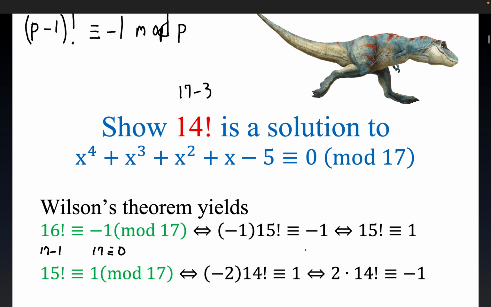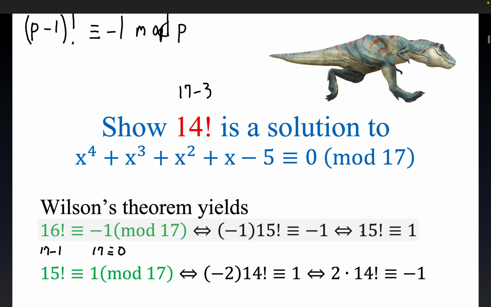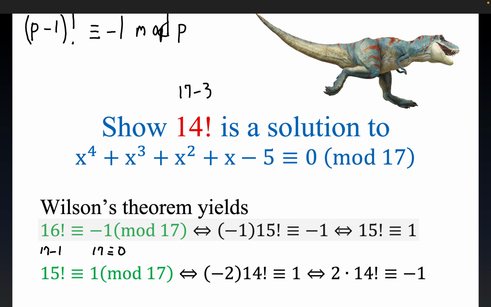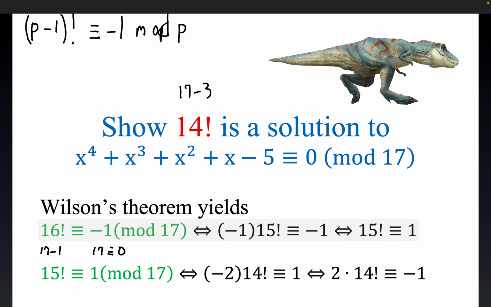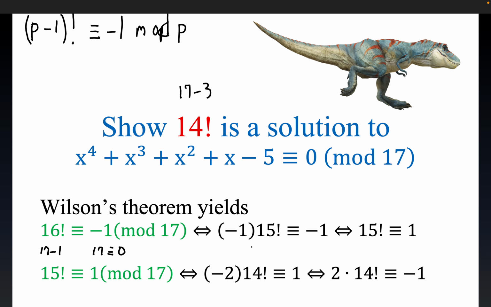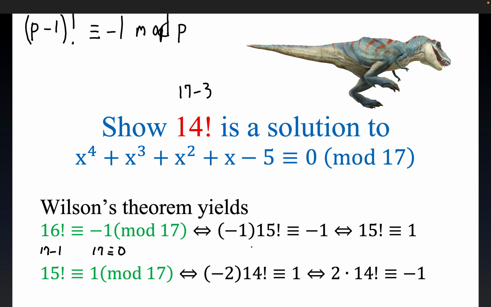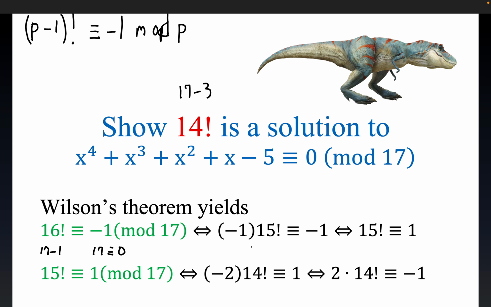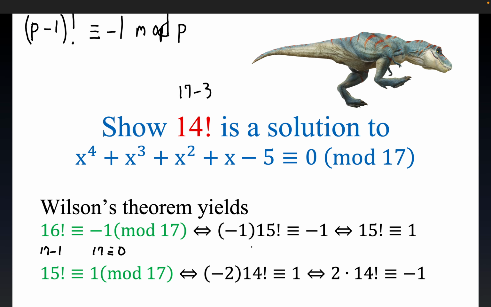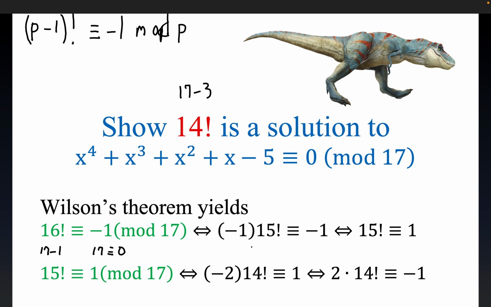Something similar happened in this statement. In fact, all we did was divide through by negative 1, which is okay in modular arithmetic because if something divides a negative number, it also divides the number itself. That's more or less the reason why you can do that.